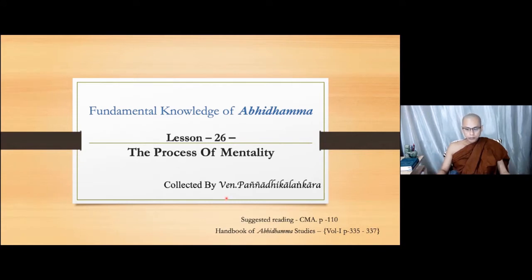For the beautiful consciousness, there are only 3 divisions: wholesome, resultant, functional. In this way, the other consciousness are quite clear in classification. But the rootless consciousness is not easy to understand if we don't study the process of mentality, Citta Vithi.